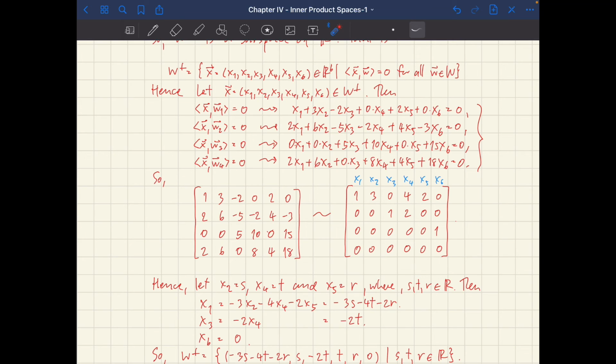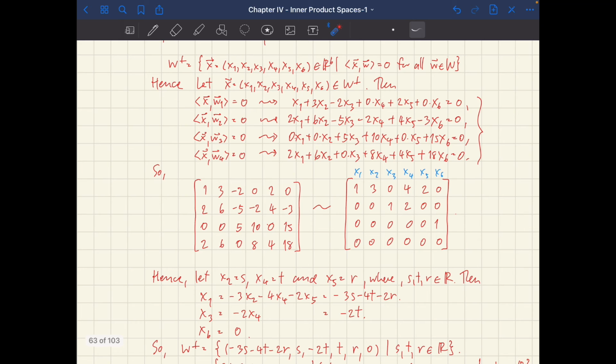Then we can show that x1 is equal to minus x2 minus x4 minus 4x4 and minus 2x5, and we substitute x2, x4, and x5 here. From x3, we have x3 is equal to minus 2x4, and we substitute x4 by t, and x6 is equal to 0.